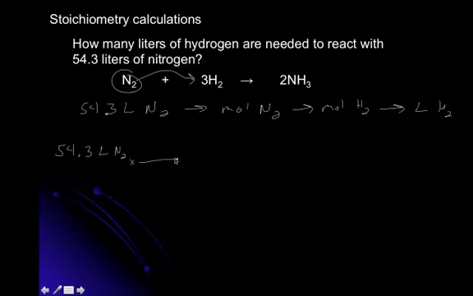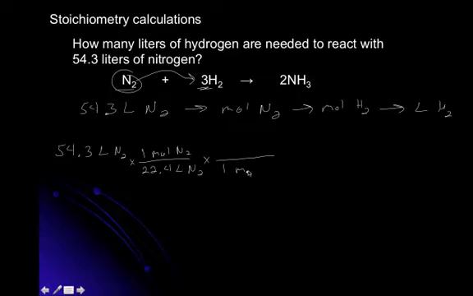convert that to moles, and we convert liters to moles using the molar volume. 1 mole of nitrogen would have a molar volume of 22.4 liters of nitrogen. Then we're going to use the mole ratio between nitrogen and hydrogen, which is a 1 to 3 ratio.